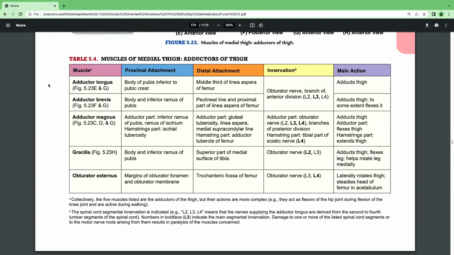Thank you. So they have very logical titles, and these are the adductors. They are adductors, simply to say. That's why we can say that we have adductor longus, brevis, and magnus, the big one. So that's how we call it.